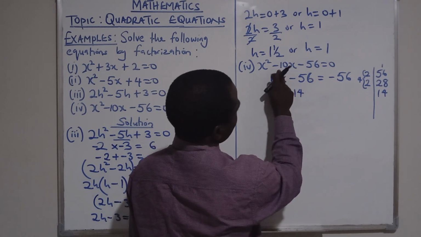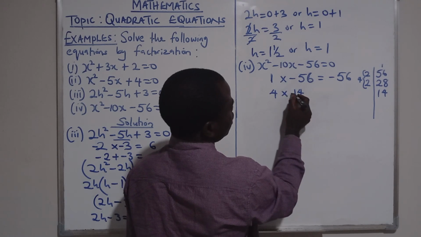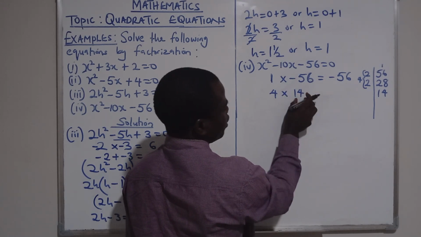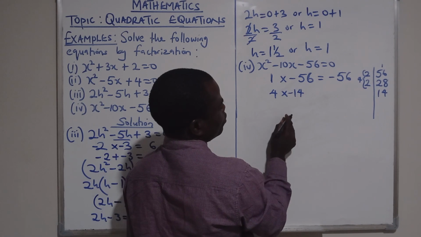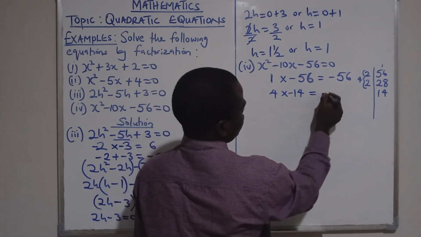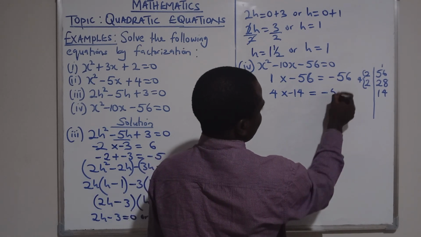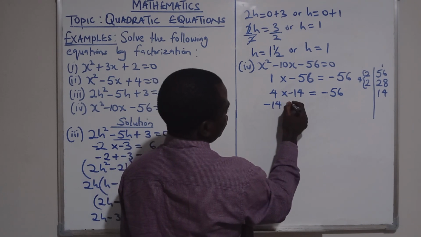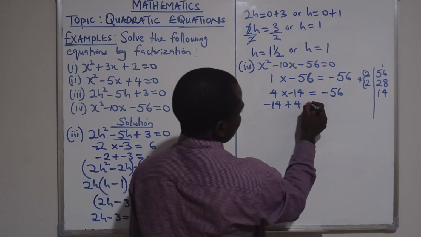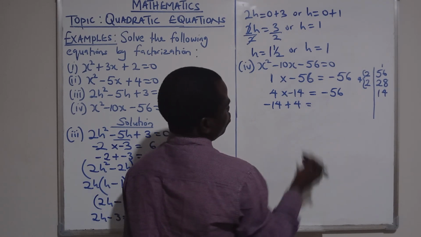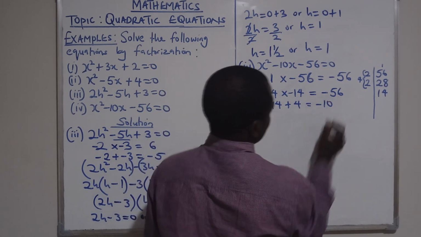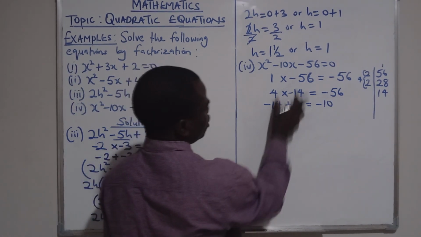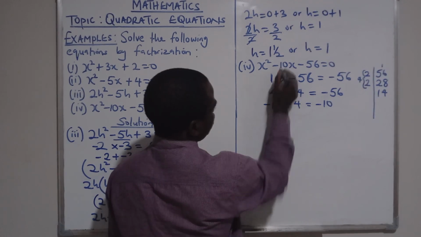Since you have a negative sign here, the value that is higher will carry the negative. Okay, now that gives you minus 56, and when you add it together, minus 14 plus 4 will give you minus 10.